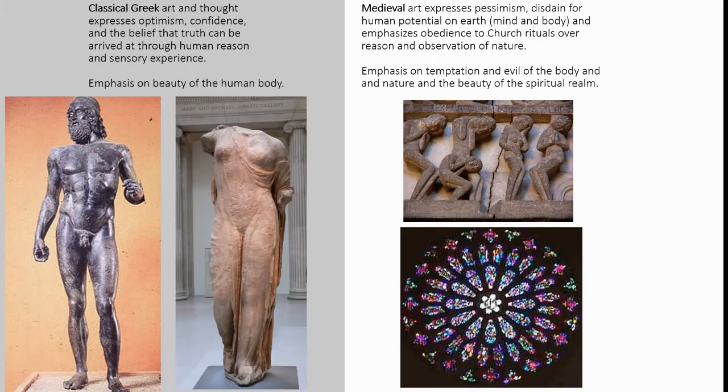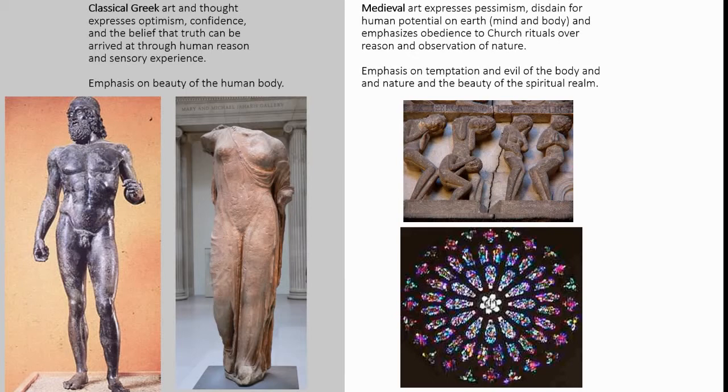Now, just a little background here. Way back in ancient Greece, around 300 BC, there was a philosophical outlook on life that was confident and believed in the beauty of the human body and in the natural world, and the art that the Greeks produced was very lifelike and realistic.